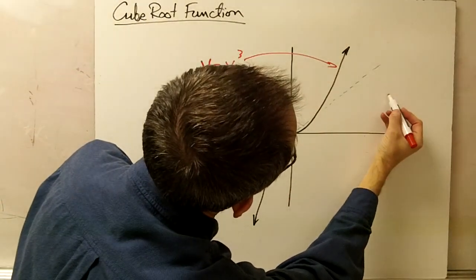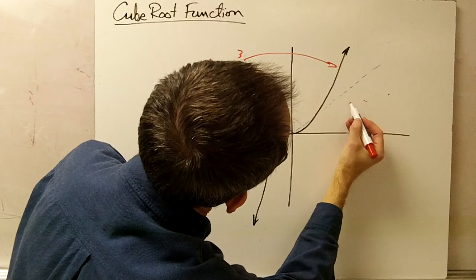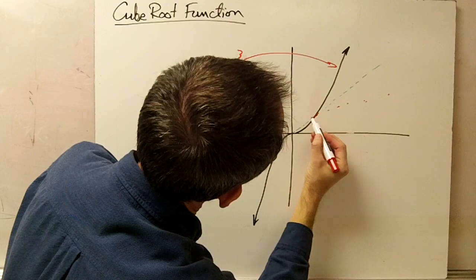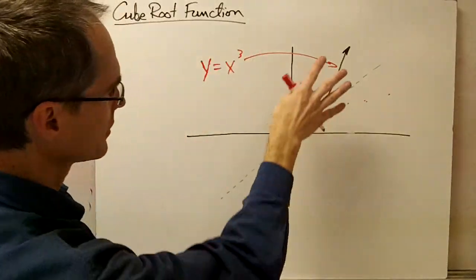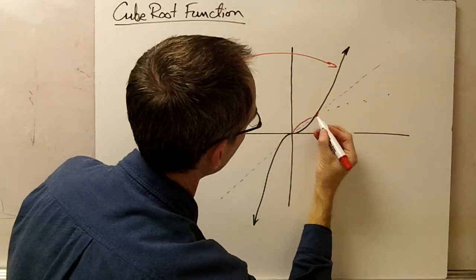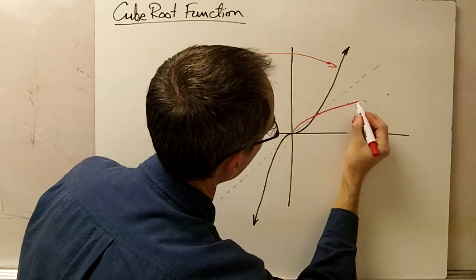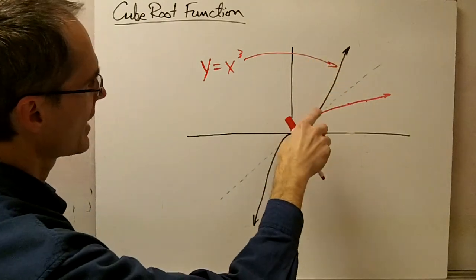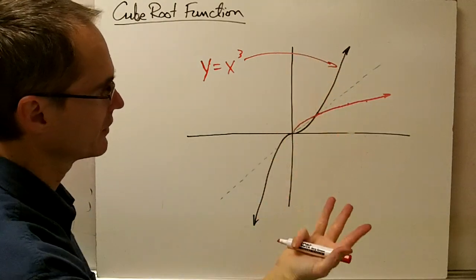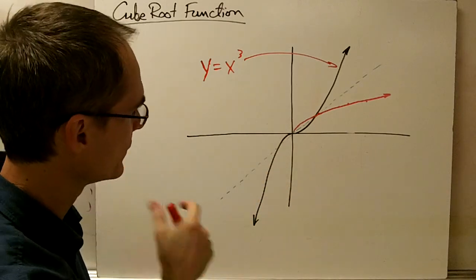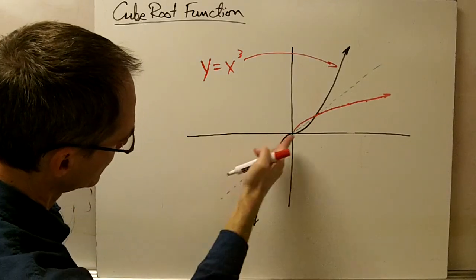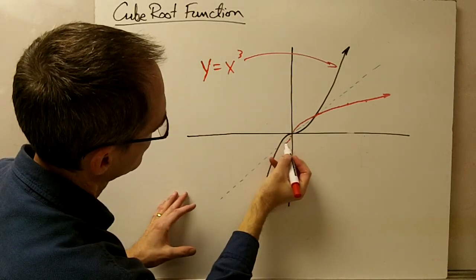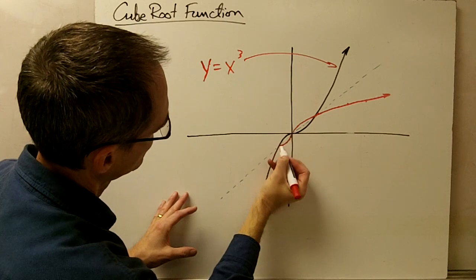So let's see. All right, so it looks like this top part here looks kind of like that top part of my y equals x squared when I did the y equals x squared reflection. This part, let's see, now when this gets reflected over the line y equals x, this part's going to look like that.